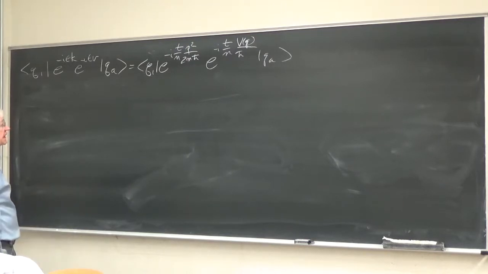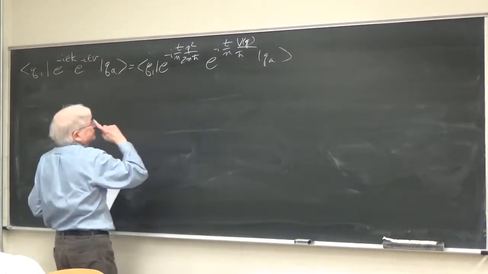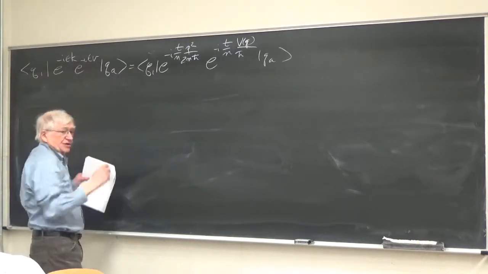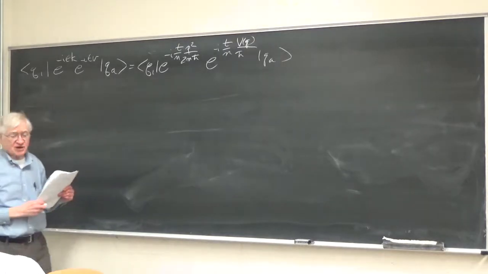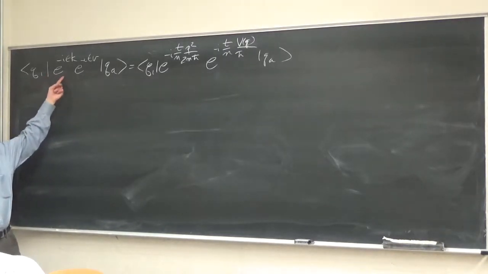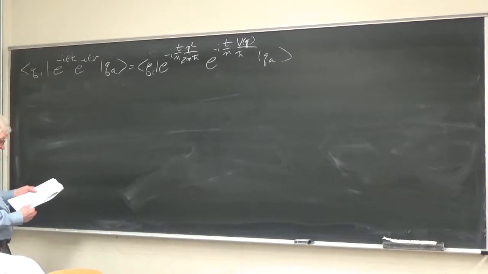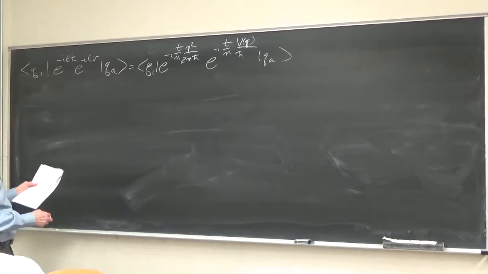Well, we can evaluate this. So this is just one factor of Trotter's product formula. Trotter's product formula really has an infinite number of these. And so we're going to do the first one.